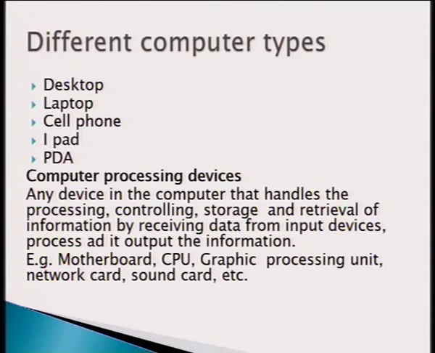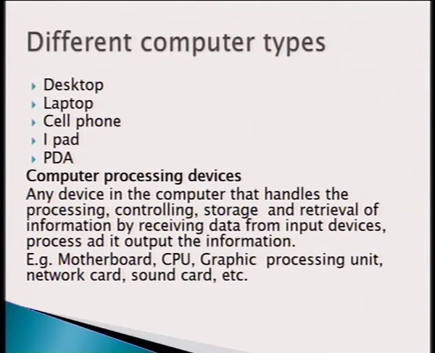A laptop is also another type of computer. We've got cell phones. Like I said, based on your definition of a computer, a cell phone can also be regarded as a computer because it has got the same processing power. Computers are used to store information, to search, and for communication.